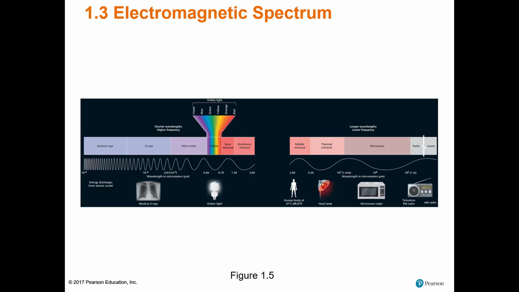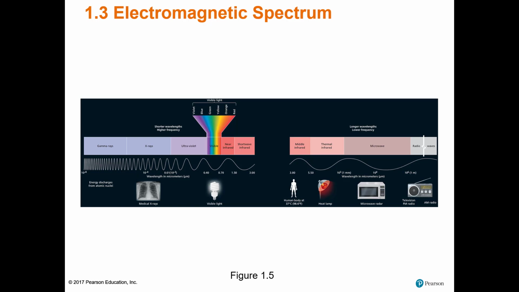So here is a representation of the electromagnetic spectrum, and you can see the relative sizes of the waves underneath the first row, which shows the names of the different wavelengths, and then at the bottom are examples of applications and different properties.